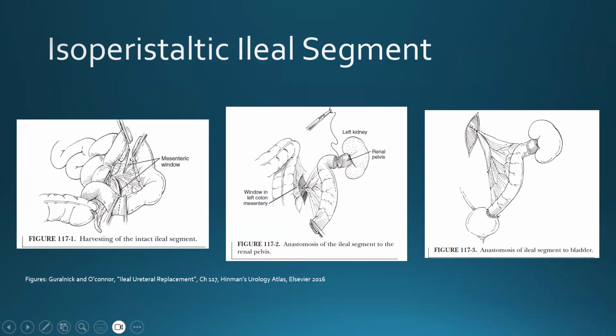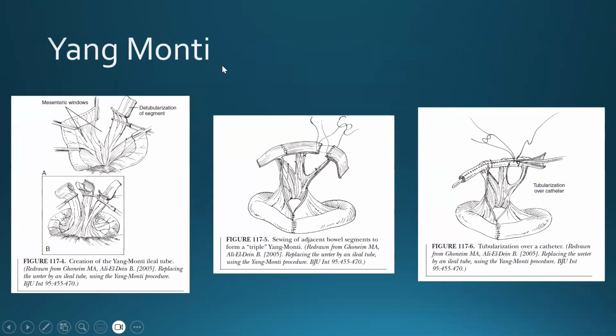It's passed through a mesenteric window to retroperitonealize that bowel segment, and then it is anastomosed first at the UPJ, essentially with a spatulated UPJ, and then it is anastomosed on the lower end at the bladder. And so that's one means of performing the ileal ureteral replacement.